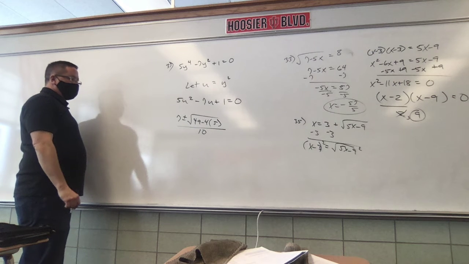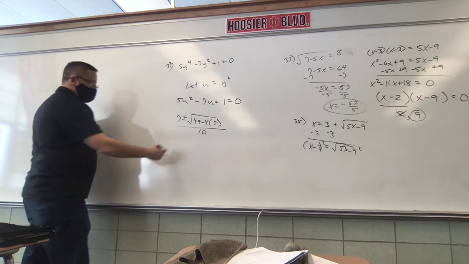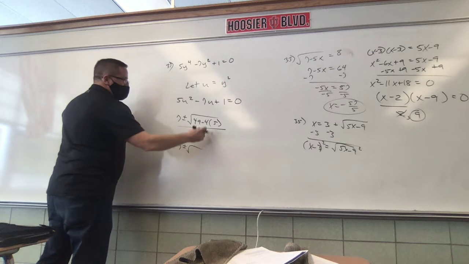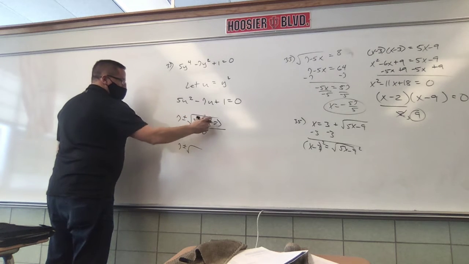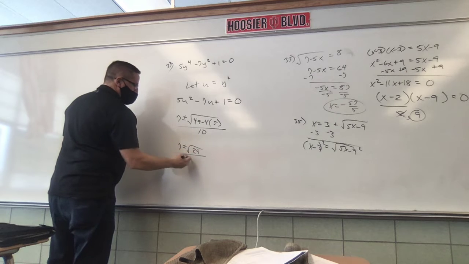Let's clean this up. I'm going to skip steps here. 7 plus or minus, we do times first: 4 times 5 is 20. 49 minus 20 is 29.